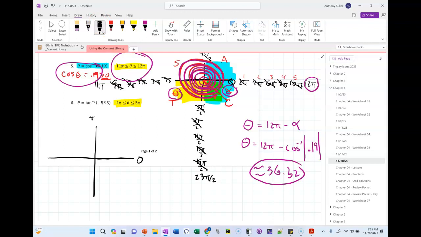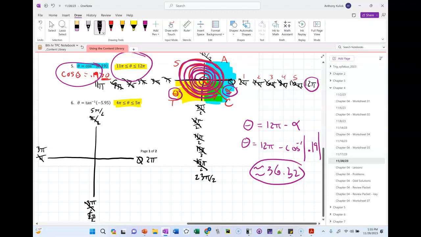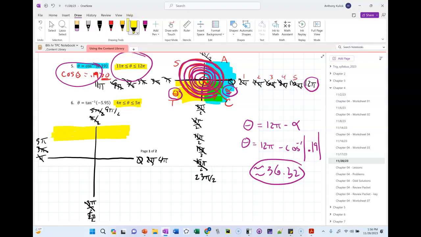So 1 half, 2 halves, 3 halves, 4 halves, 5 halves, 6 halves, 7 halves, 8 halves, that's the start, 9 halves, 10 halves, that's the end. So we're covering quadrants 1 and 2.